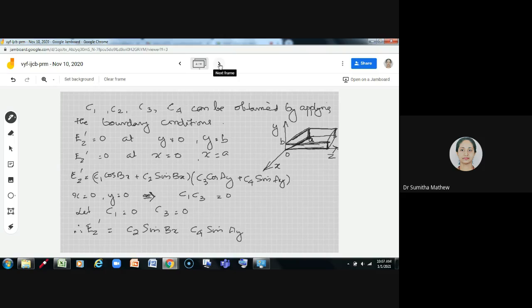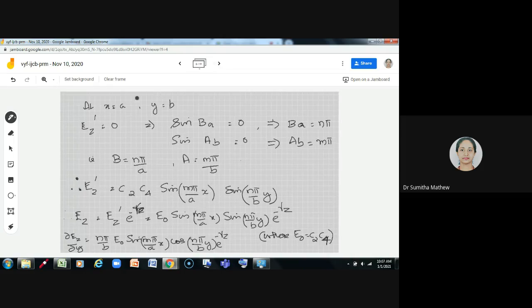Now we can apply the next set of boundary conditions. What is that? x equal to a, y equal to b. That can be applied. So you applied the first set of conditions, got C1 and C3 as 0. Now to obtain C2 and C4, at x equal to a and y equal to b, again Ez dash should be 0.